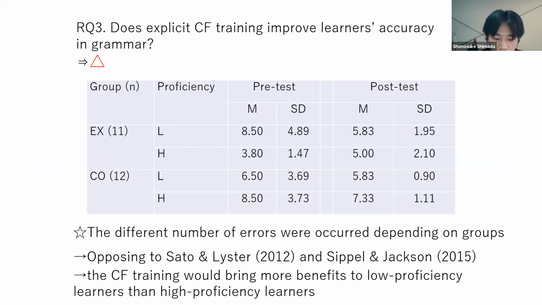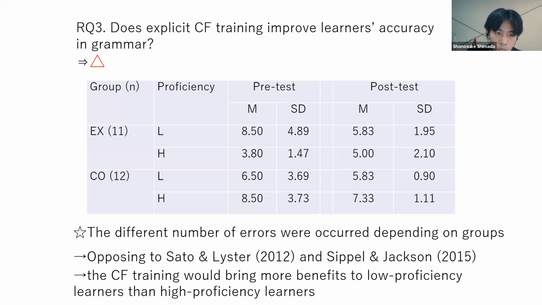Opposing to the study, analysis revealed that the CF training did not give a positive impact on learners' accuracy development in both groups. Only high proficiency learners in the EX group produced more errors than any other group. And it could be inferred that the CF training would bring more benefits to low proficiency learners than high proficiency learners.